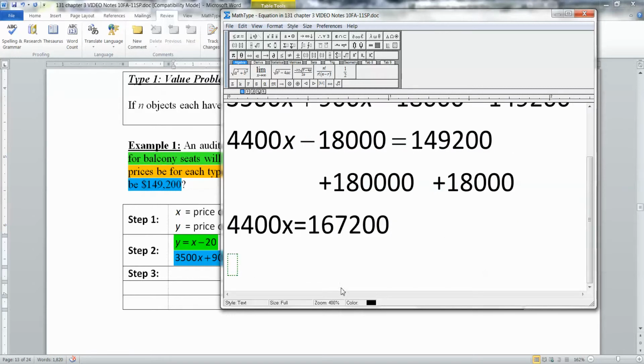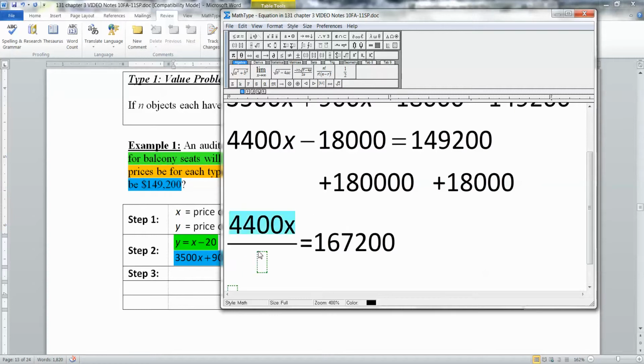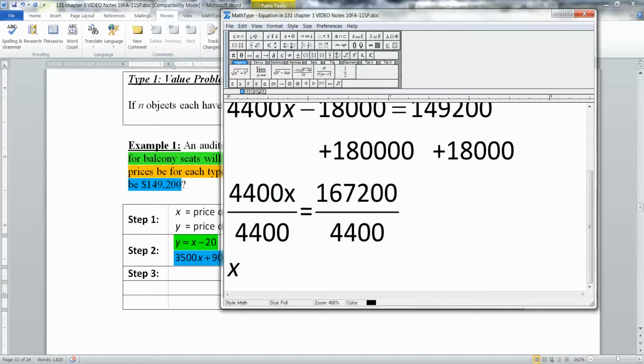And then we divide both sides by 4,400. Use a calculator, and you're going to find x is 38.